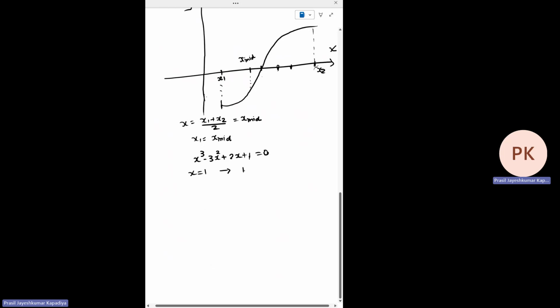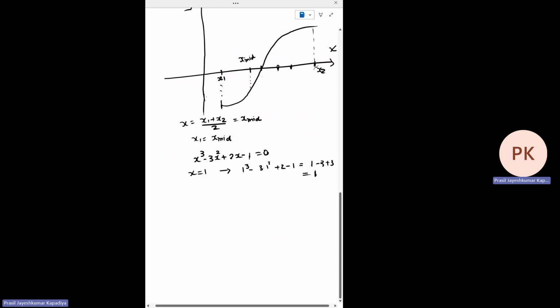So my f of 1 is 1 cube minus 3 times 1 square plus 2 plus 1, that is 1 minus 3 plus 3. So I'm getting a positive number. Correct? Yeah, let's do one thing. Let's take here negative 1.